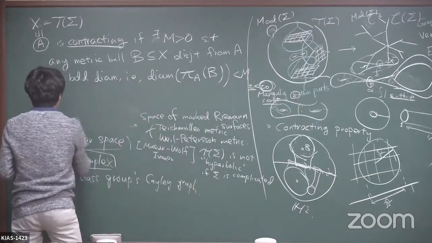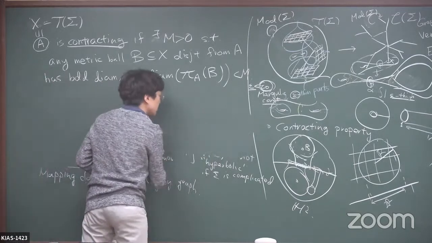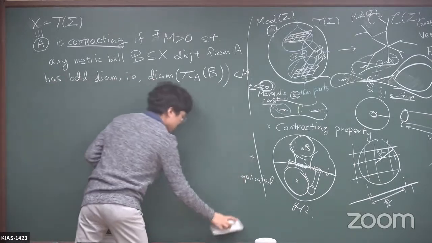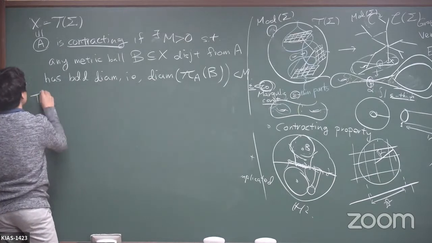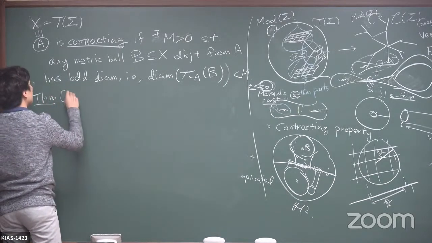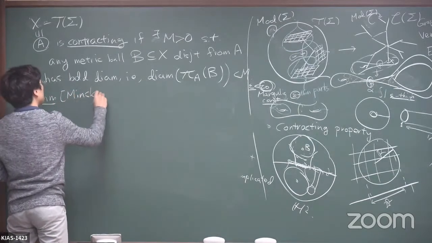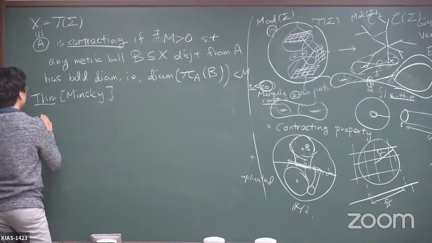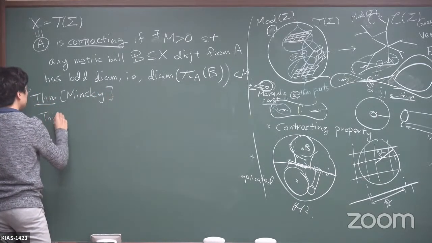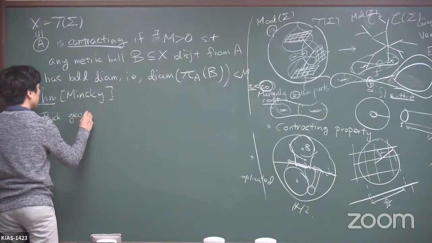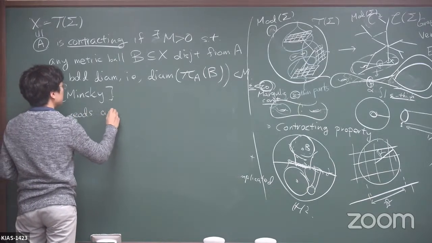And it's a theorem by Minsky that Teichmüller geodesics that are not thin are contracting.